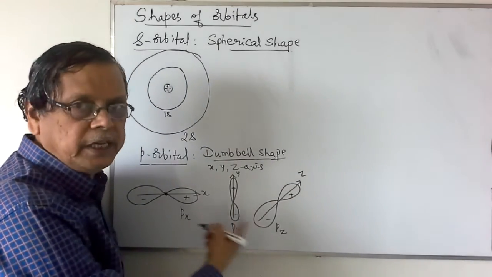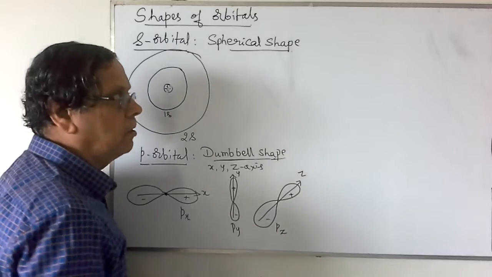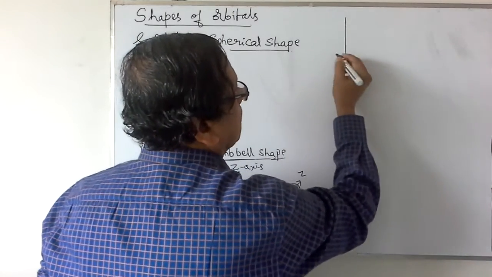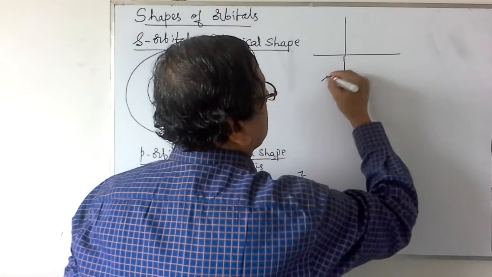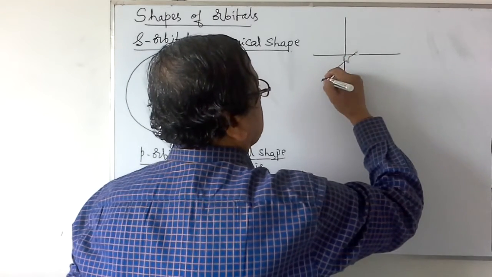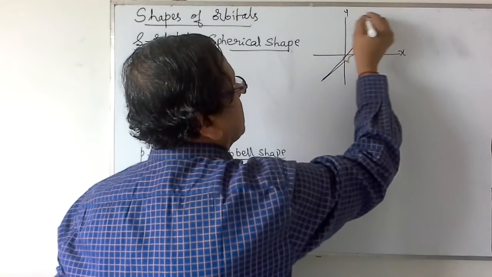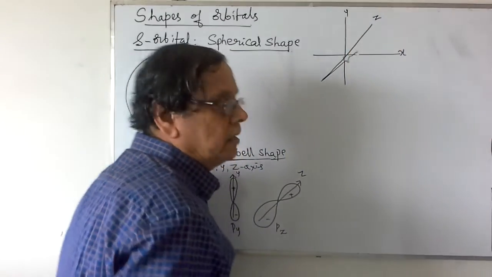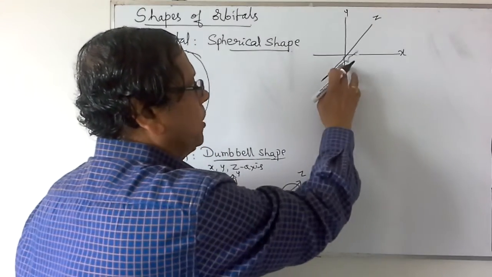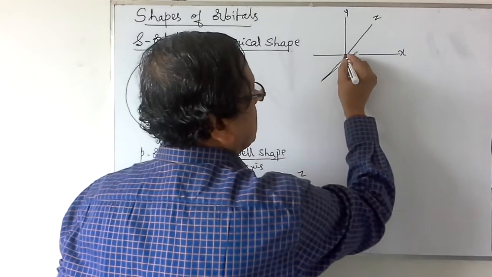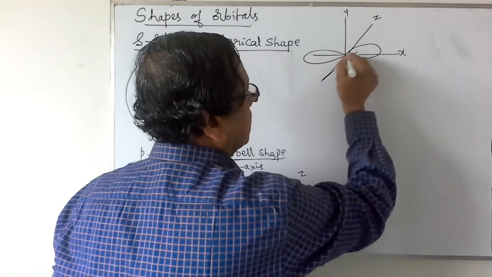Altogether when we write these three px, py and pz orbitals, we write this shape like this. So this is x-axis direction, this is y-axis direction, this is z-axis direction. These are the three mutual axes, perpendicular axes. So when we consider the lobes, along the x-axis we have this px orbital.